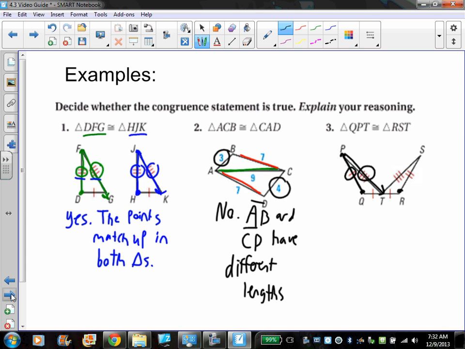Start at R, go up through S, going through the 2-1, go down to T, going through the 3-1. Same pattern as the first one that we went through. So yes, this is actually going to read the exact same way as the first one that we did on this page. The points match up in both triangles.